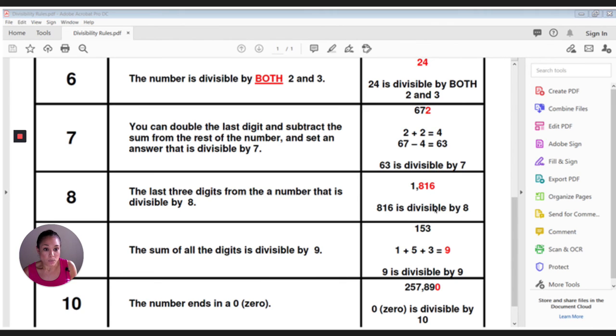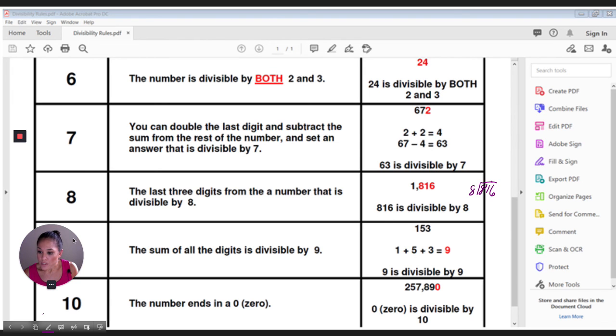And that might just be something you have to do on the side, you might not know that by heart, and you just have to play with it. 8 goes into 816. Some of you might be able to see that 8 goes into 8 evenly and 16 evenly. So some of you may be able to see that right away. And if you don't, that's okay. You just do some math over on the side of your paper and work it out.